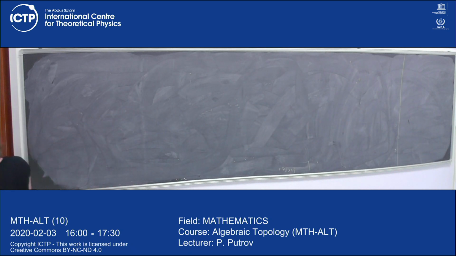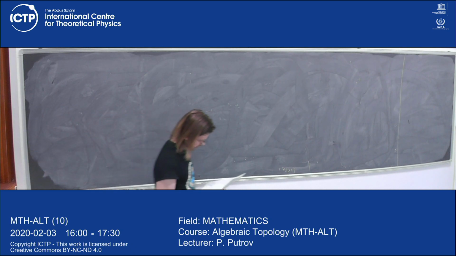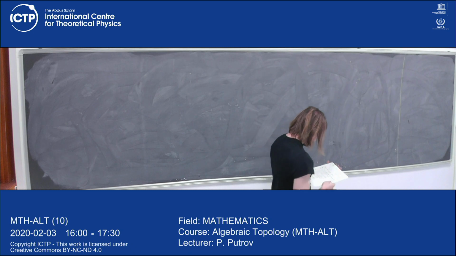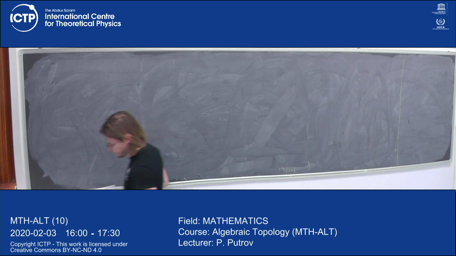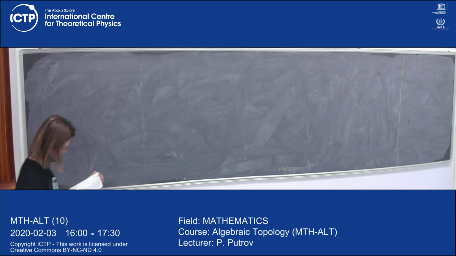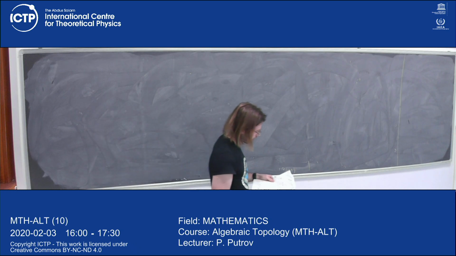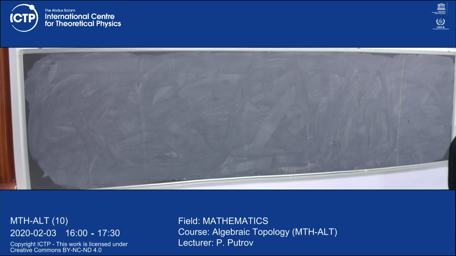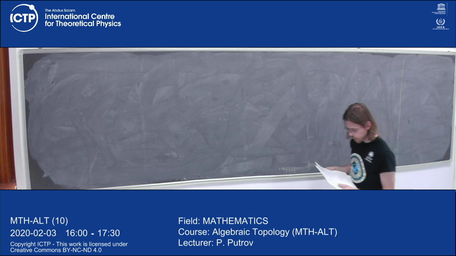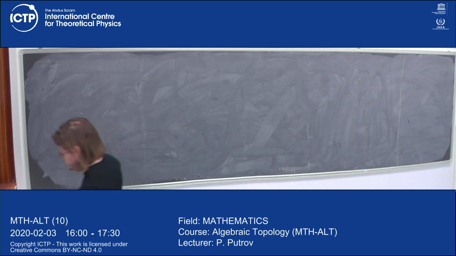So yeah, we want to finish some theorems about covering spaces, and then we will start a new big topic, homology. Okay, so last time we proved the existence of a universal cover for a topological space X which satisfies certain technical assumptions.